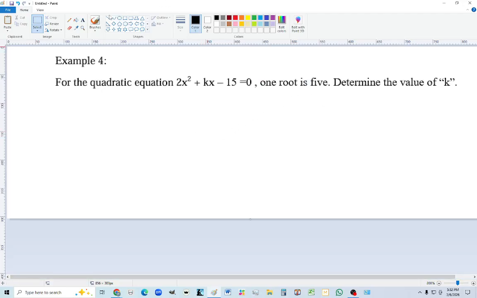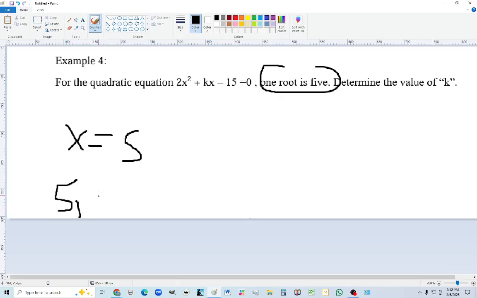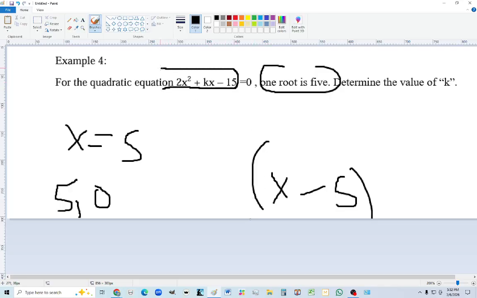So in this case, they're saying one root is 5, which means x is equal to 5, which means it has an x-intercept of (5, 0), which means it has a factor of x minus 5. That's what that means. So they're giving you some information here. I actually don't know why. Maybe because it's too hard to solve, but let's find out.